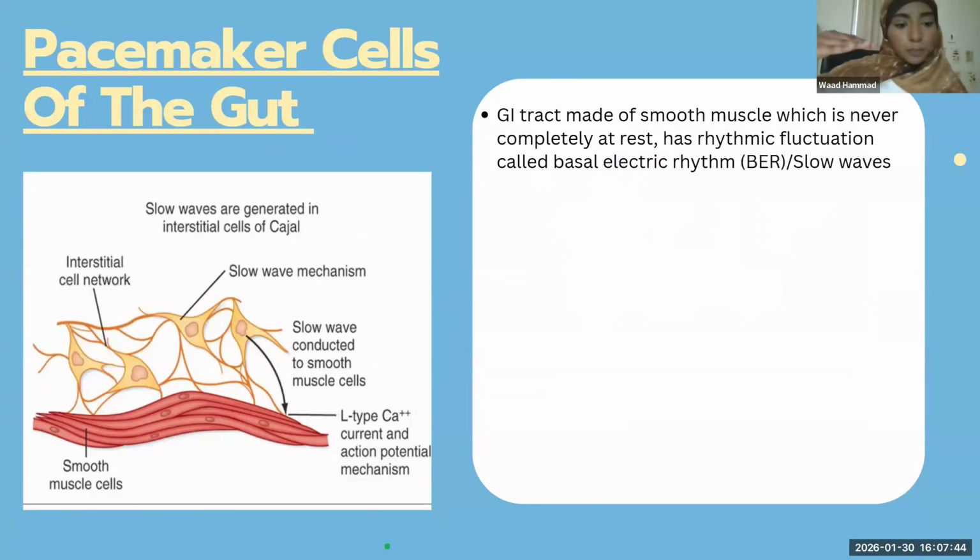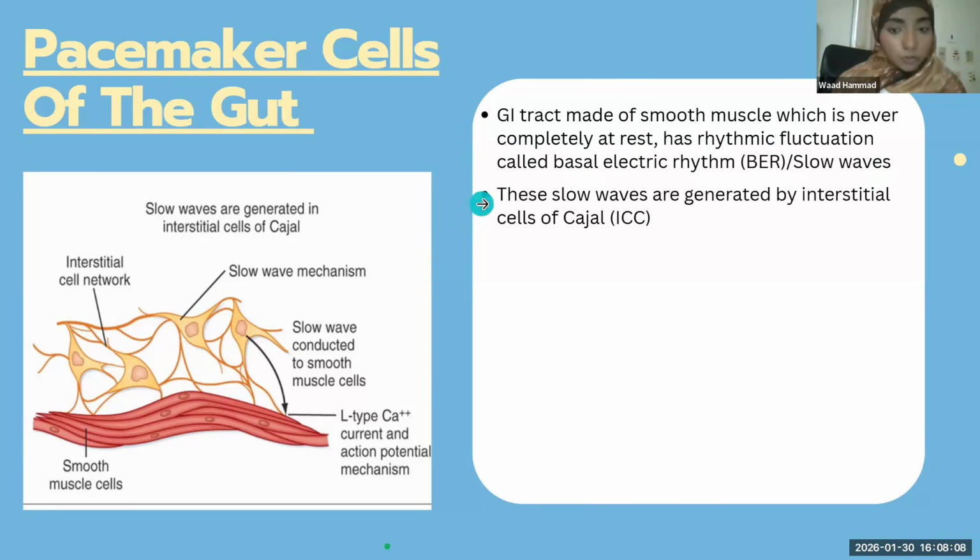So just imagine the membrane potential of the pacemaker cells just going up and down. This does not mean that they're contracting. This is not a contraction. It's just small fluctuations of our stomach. So it's never still, it's just slowly fluctuating, like waves. It's never completely at rest because it has rhythmic fluctuation called the basal electric rhythm or slow waves.